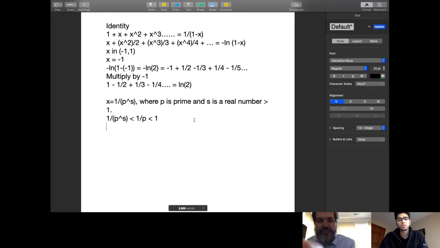I get the following. Let's write: minus the natural log of 1 minus 1 over p to the s.